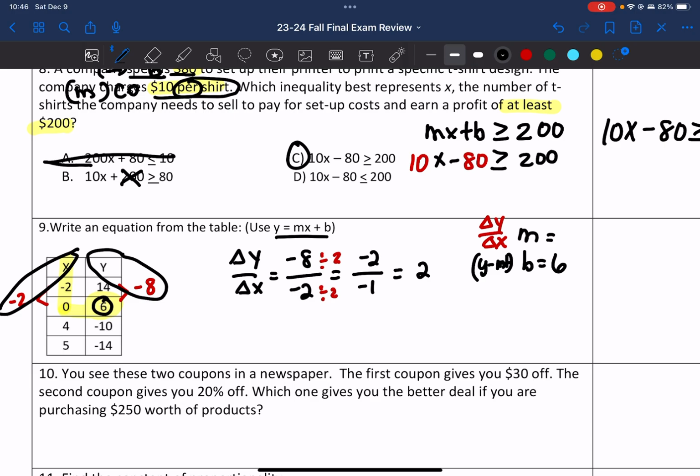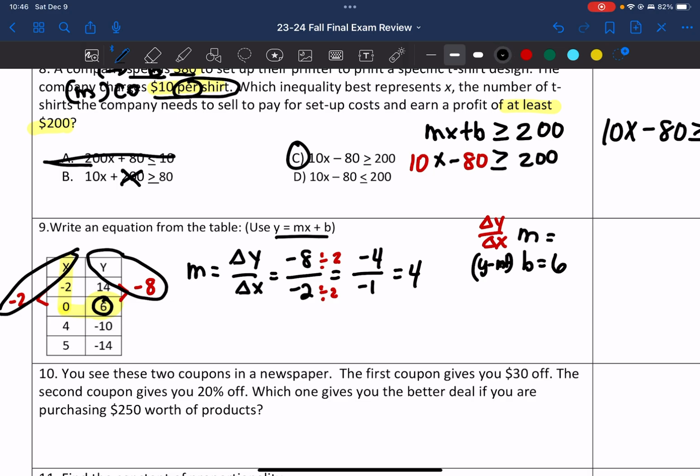Negative 8 divided by negative 2, that gives you wrong answer. This is supposed to be 4. There we go. My bad, y'all. All right, so positive 4 is going to be the correct answer, which means that M is 4, okay?